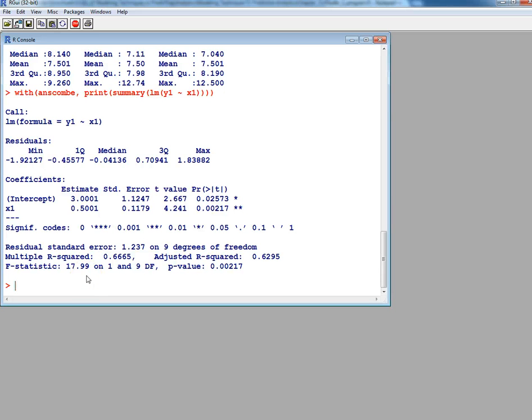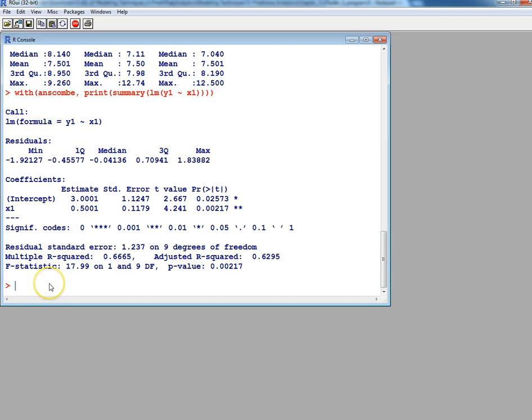That would mean that the data, if you look at it in a graph, fell exactly on a straight line, as opposed to what we have, which is data looking like this, and then the straight line there. So the data doesn't fall exactly on the straight line. But if it did, it would be perfect predictability, and that would be 1 for these numbers. But anyway, it's 0.66, and we're not going to be concerned with those numbers right now. The numbers we are concerned with are the line. So the line has intercept of 3 and slope of 0.5.